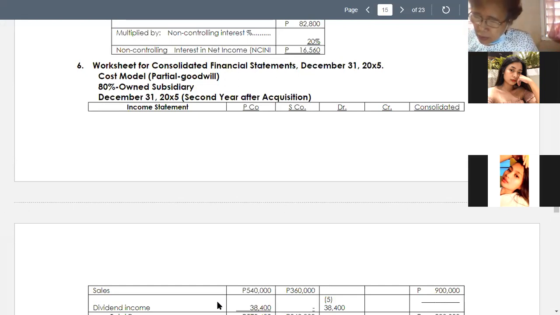Then, we go to the equity method. For the equity method, we will again take up long problems, 75 to 85. And the last, 92 to 116.